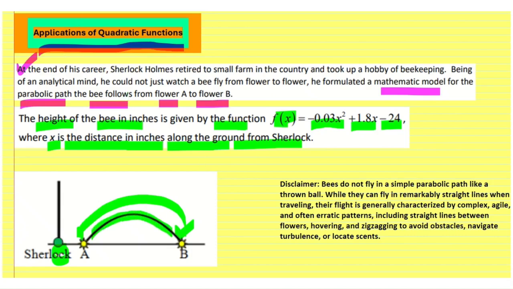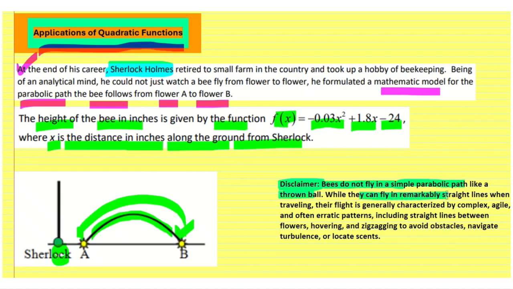Now, unfortunately, I have to give you a disclaimer, because in real life, everybody knows that Sherlock Holmes is a fictional character. He was a famous detective in the stories of Sherlock Holmes, but he's not a real person. My disclaimer is that bees do not fly in a simple parabolic path like a thrown ball.